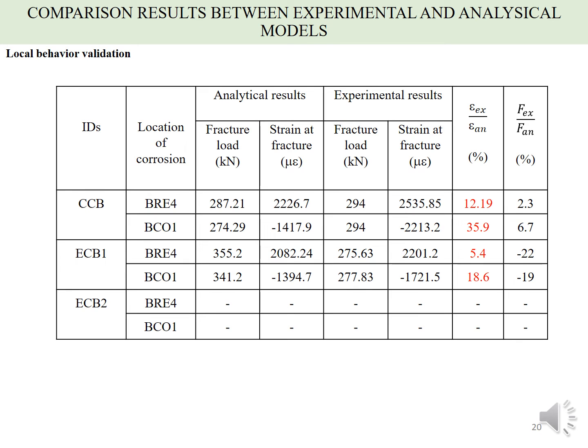For comparison of each specimen, I chose the strand strain in section B. As a result, it showed about 12% difference in ultimate strain for ECB and 5.9% for ECB1. For ECB2, there is no data of ultimate load and strain at the fracture stage, because the compressive concrete crushed earlier and the amount of section loss was too small.